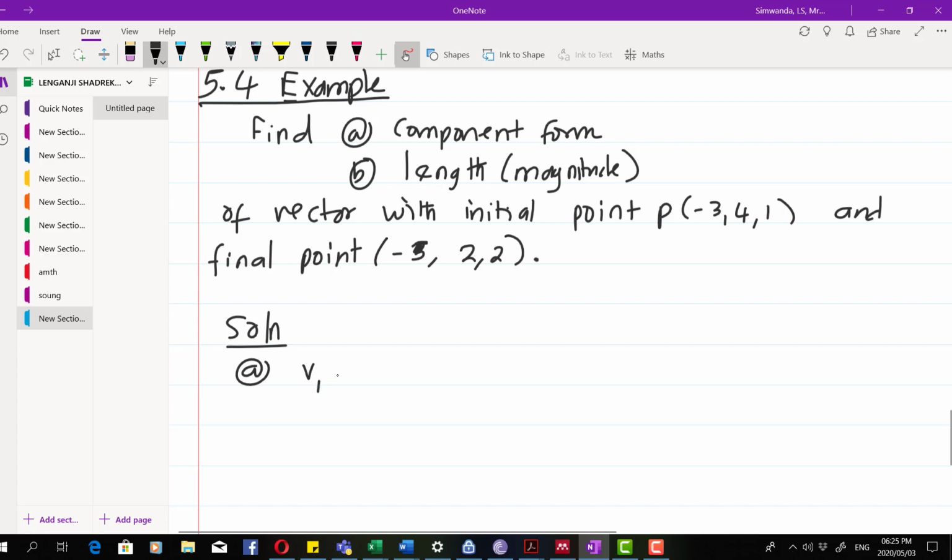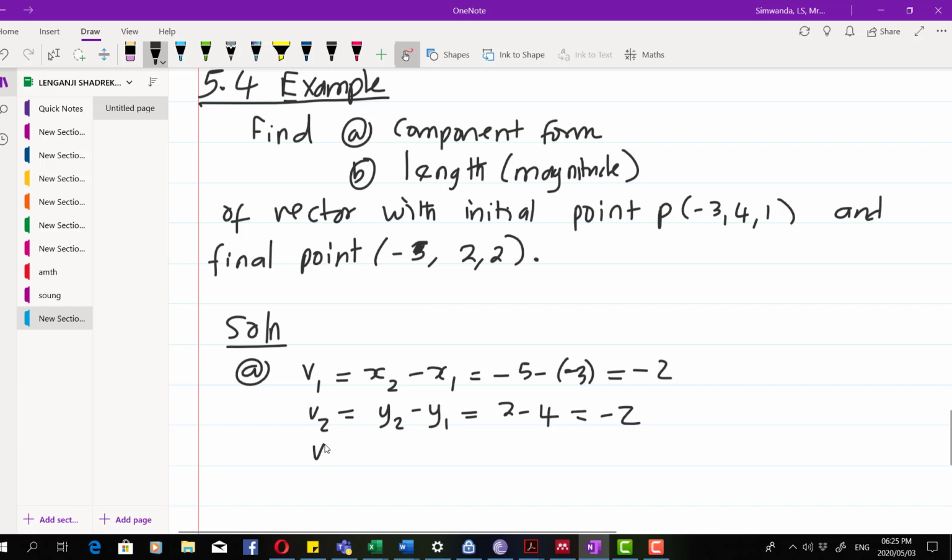So A. We can call this vector PQ. So remember V1, we subtract the x coordinates, the final minus the initial. So it's -5 minus -3, which gives us -2. Then the y coordinates, y2 minus y1, that should give us 2 minus 4, which gives us -2. The z component, V3, should be z2 minus z1, which is 2 minus 1, which gives us 1.